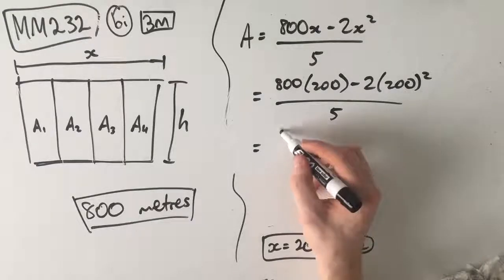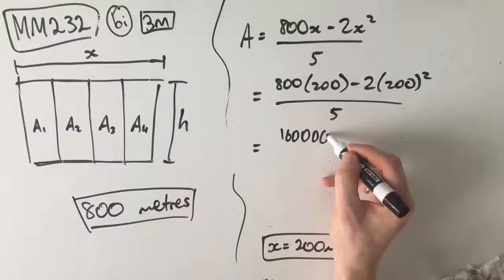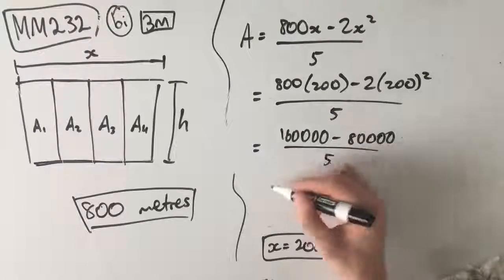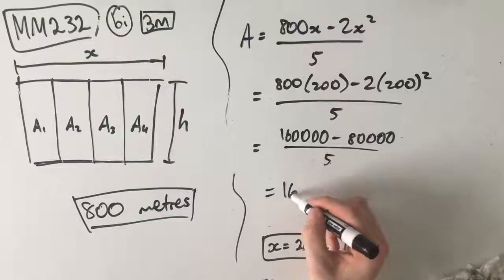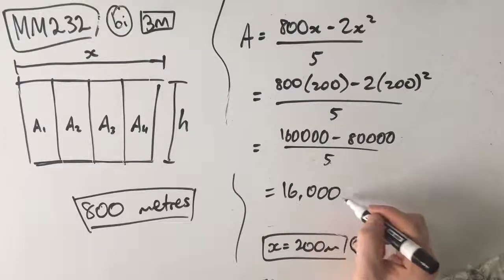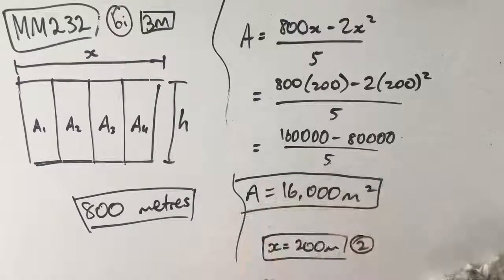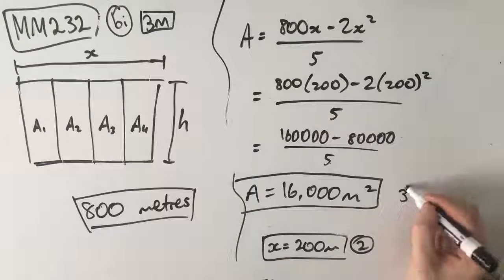This is going to give us (160,000 - 80,000)/5, which is equal to 16,000 meters squared. And don't forget your meters squared as well, because we're dealing with area, so we have to include a unit. And this is our third mark.